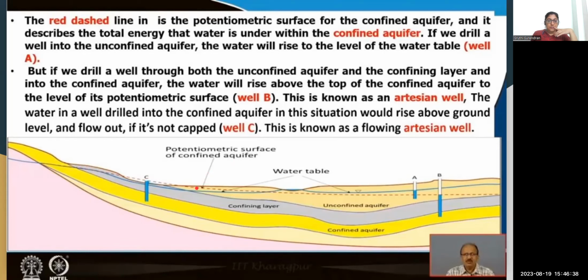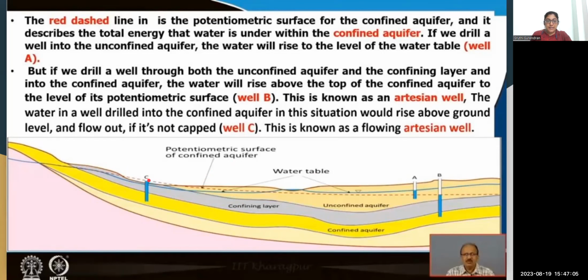Now, suppose we are drilling many boreholes along this aquifer, and we are marking the water level of every borehole or tube well that we are inserting into the aquifer. An imaginary line drawn connecting all these water levels is called the potentiometric surface, or the piezometric surface, of a confined aquifer.